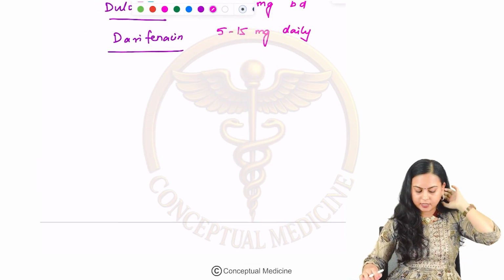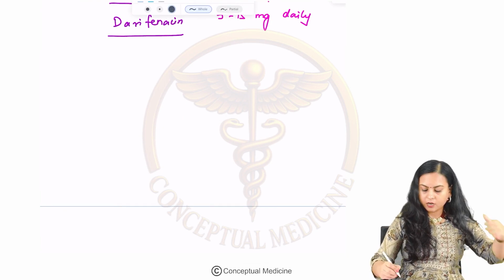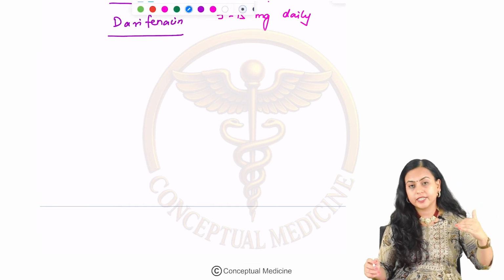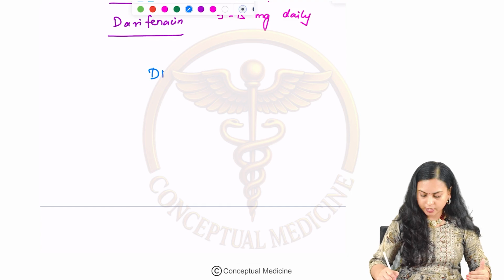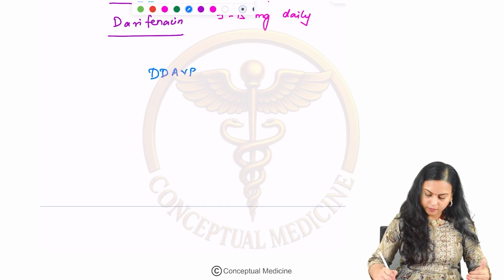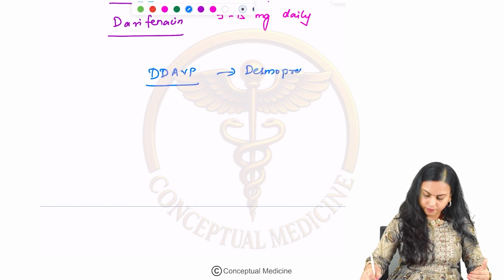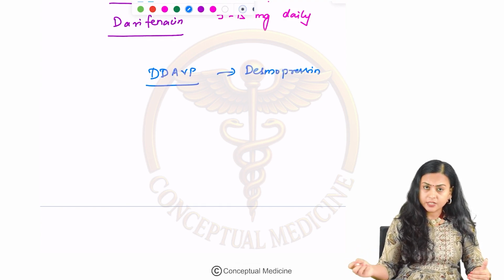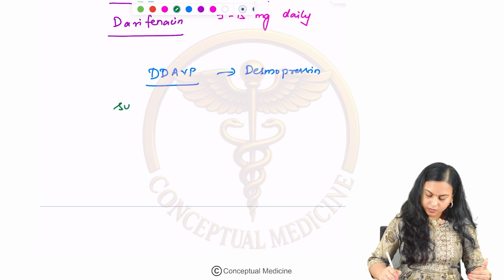Clear? Now you have to also know about DDAVP, that is desmopressin, which is a synthetic antidiuretic hormone analog.